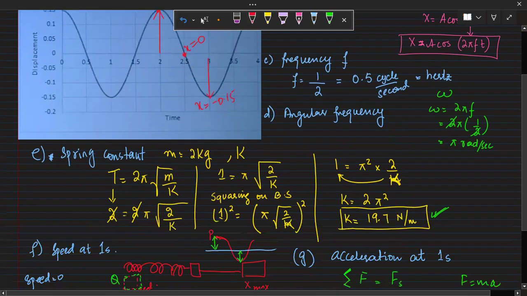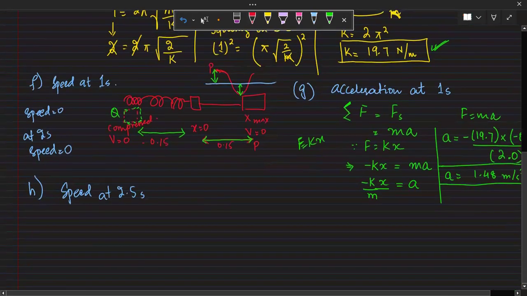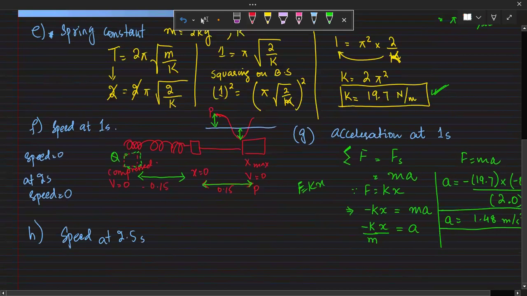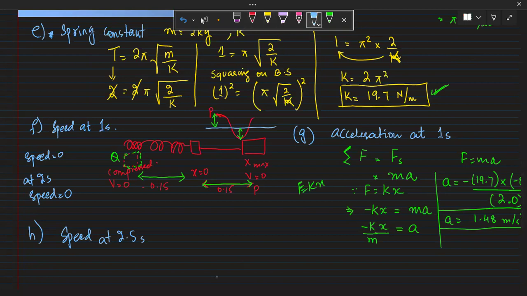Now they are asking about the speed at 2.5 seconds. How will we find the speed at this point? First, remember the formulas I discussed earlier.